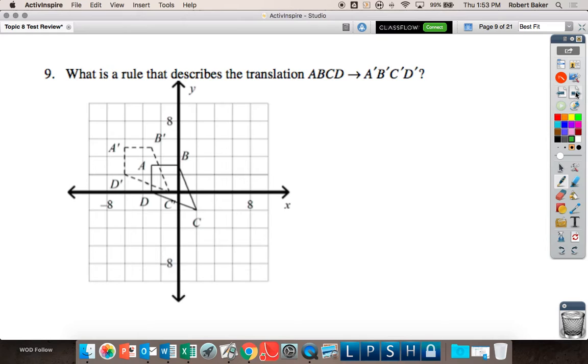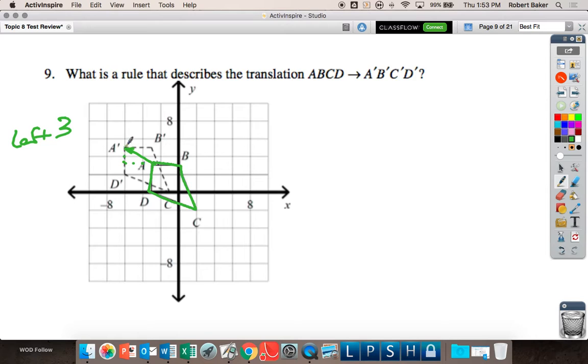This one says, which one maps the rule from here to here? How do I get from the green kite to the dotted kite? Left 1, 2, 3. Left 3.